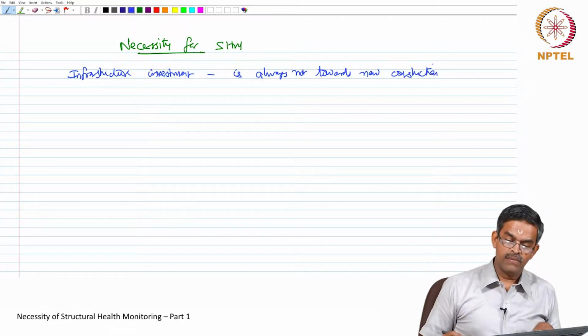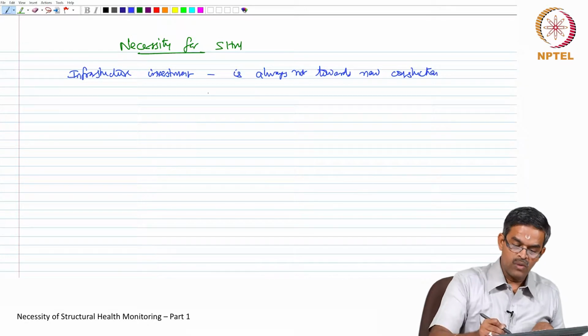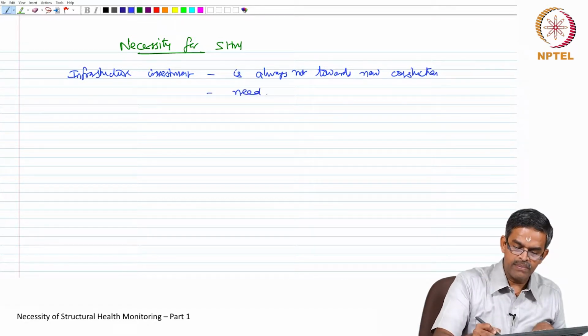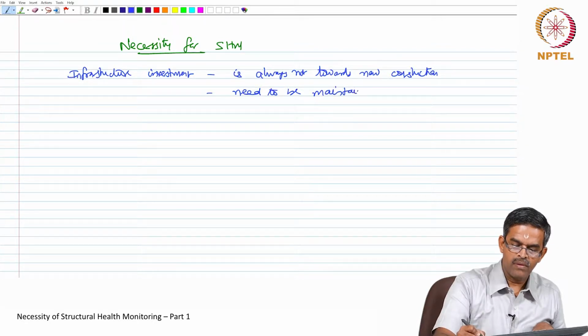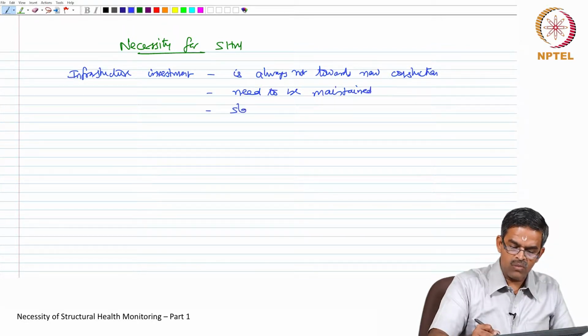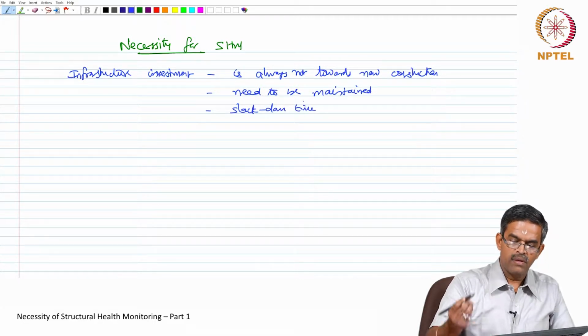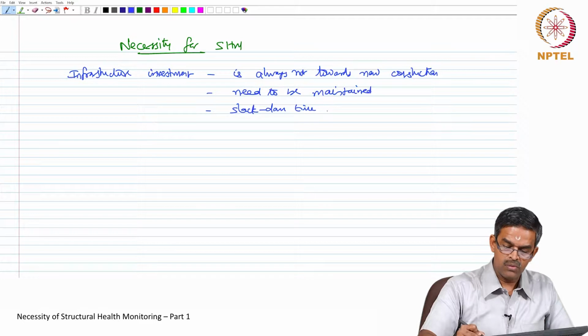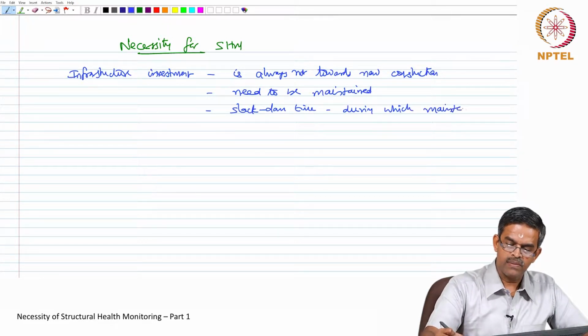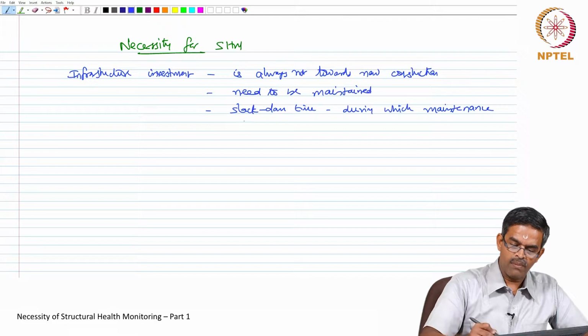One has to agree that whatever you construct new also needs to be maintained. There can be a slack down time in infrastructure growth, during which investment towards maintenance may become important.